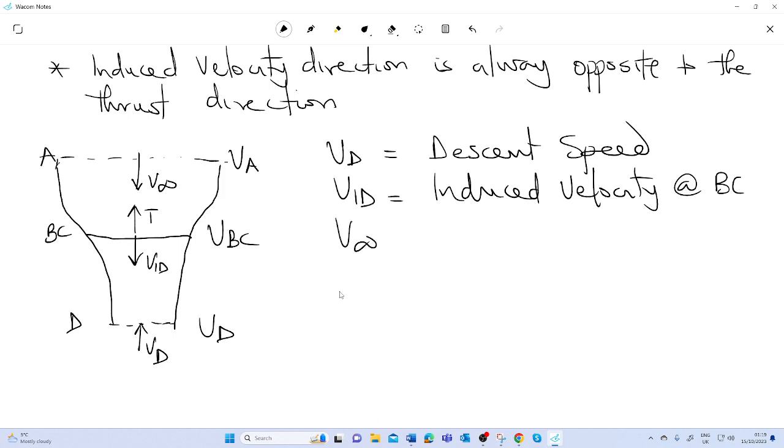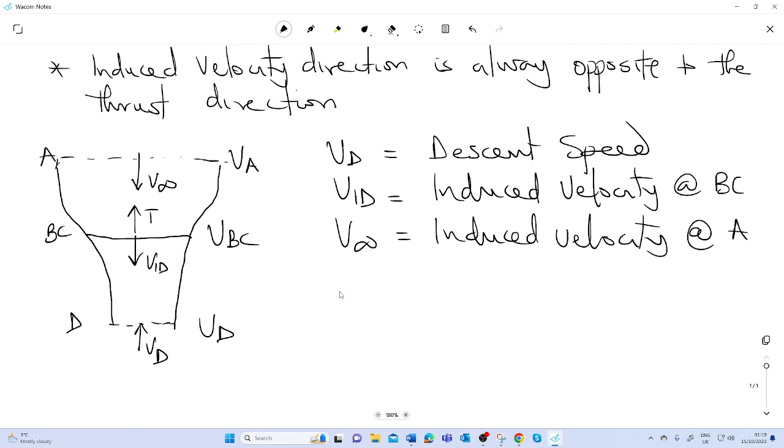Our V infinity equals the induced velocity at A. So therefore, using the point of reference or knowing the direction of the velocity, we can deduce mathematically that VBC equals VD minus VID.